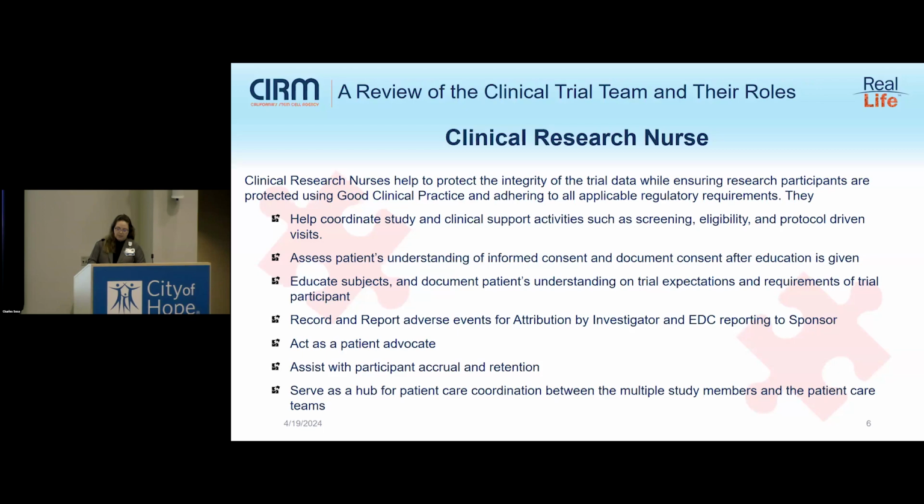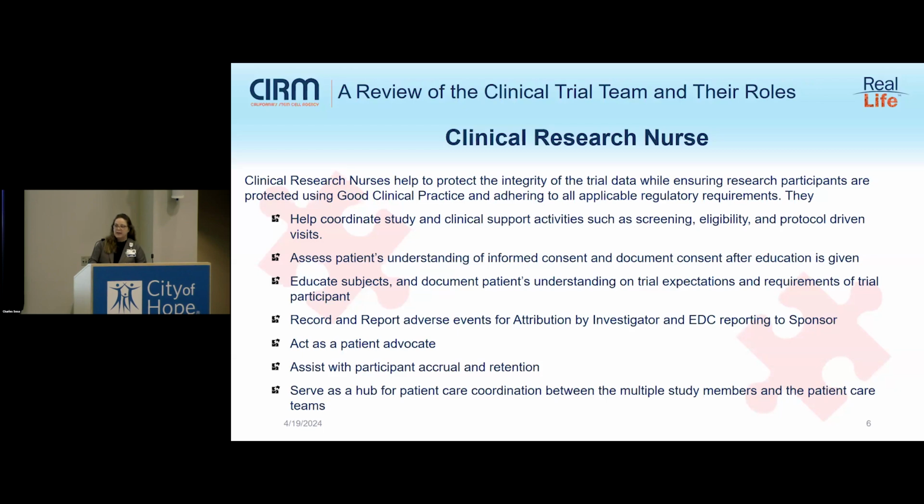We also help coordinate studies and clinical support activities, such as the screening eligibility and protocol-driven visits. So that means that we're helping to put in the orders under the doctor, making sure that the doctor is aware of what the activities are, coordinating with the APPs to put in biopsies and line placements, and then making sure that everything comes together so that we have a good screening packet.